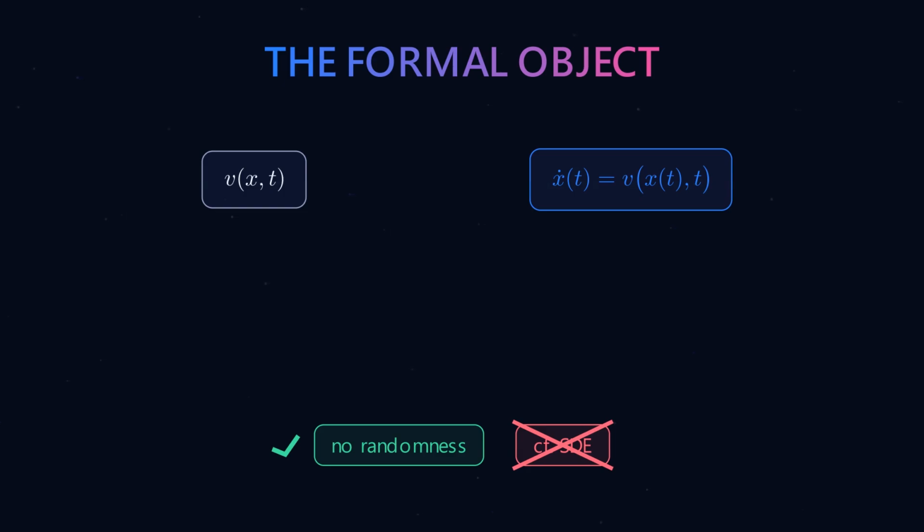The derivative of x with respect to t equals v(x(t), t). In plain language, the particle's velocity at every instant is whatever the field says it should be, right where the particle currently sits. This is an ordinary differential equation, an ODE, and unlike the SDE from Chapter 1, there is no randomness anywhere in it. Same starting point, same field, same path, every single time.